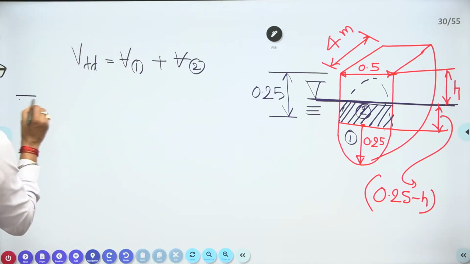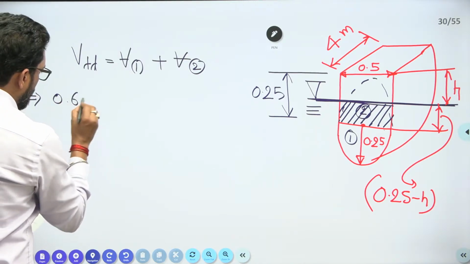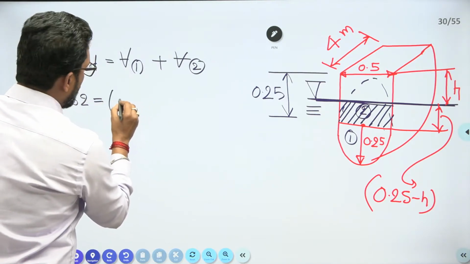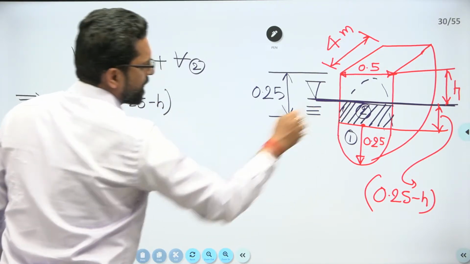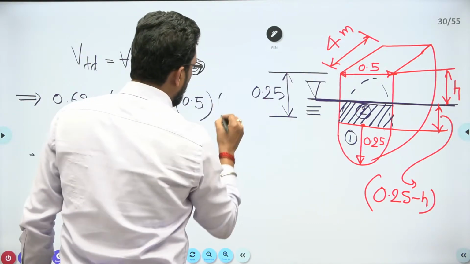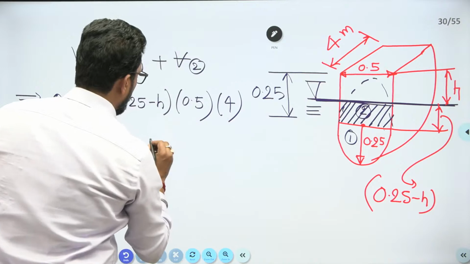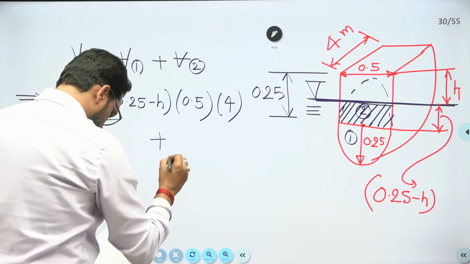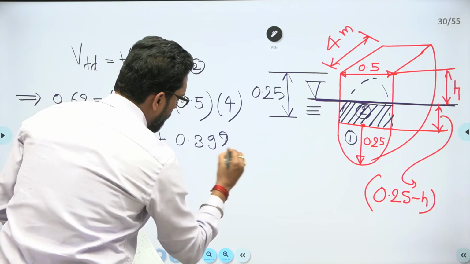So what is the fluid displaced? 0.62 is equal to (0.25 minus h) into 0.5 into 4, this is the volume of the rectangle, this portion which is immersed, plus the volume of the circle you have already calculated, 0.3927.